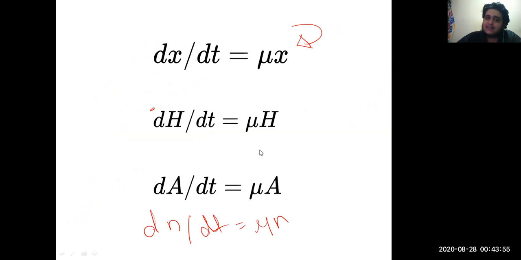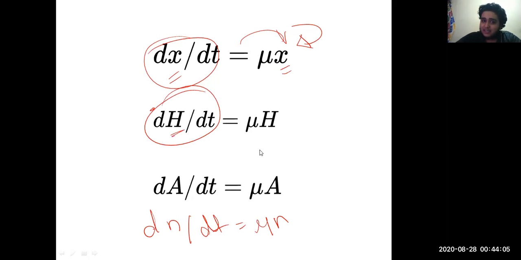In case of bacterial cells, we have the concentration of the cells. So basically, rate of change of concentration is proportional to concentration. There was another hypothesis that h is the length. So rate of change of length is proportional to initial length. A here is basically volume. So rate of change of volume is proportional to initial volume.